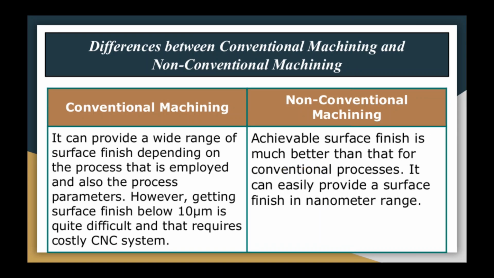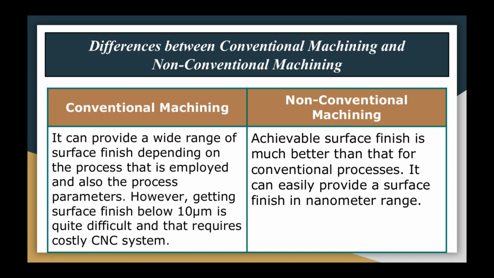Conventional machining can provide a wide range of surface finish, depending on the process that is employed and also the process parameters. However, getting a surface finish below 10 micron is quite difficult using conventional machining, and for this requirement it also needs a CNC system.